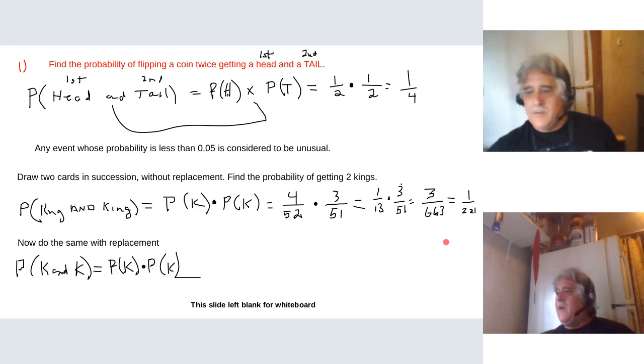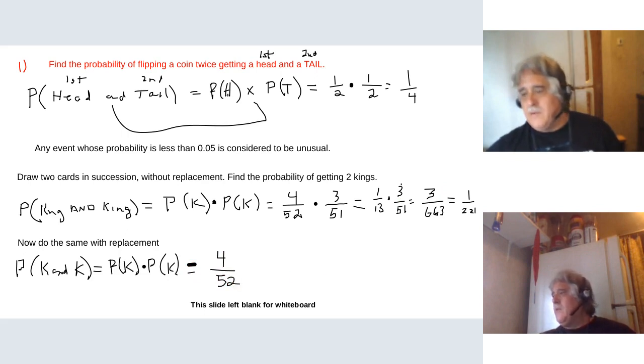So now, the first pick is still going to be the same. There's still 4 cards out of 52.